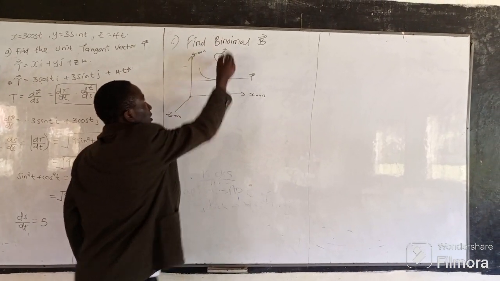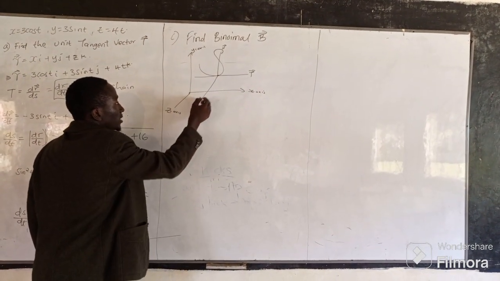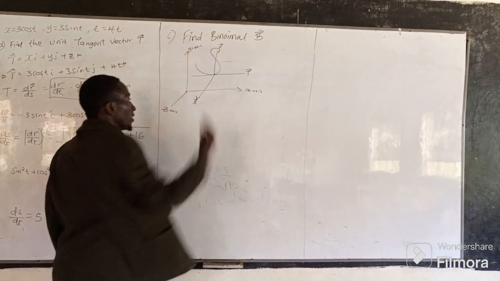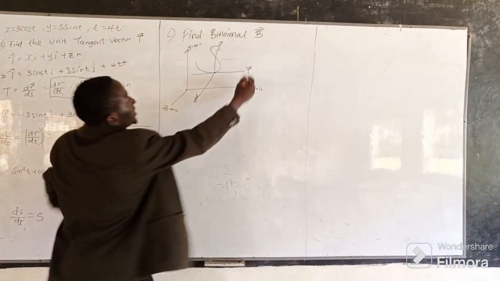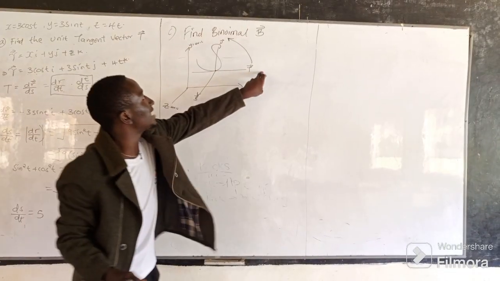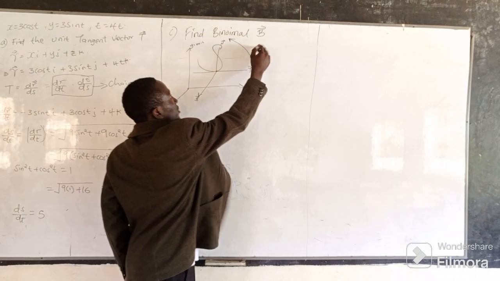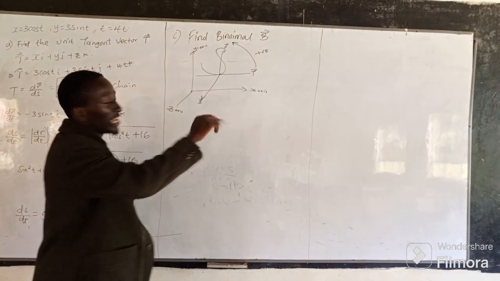This is my normal. The binormal is always perpendicular to both of them. This is my binormal.